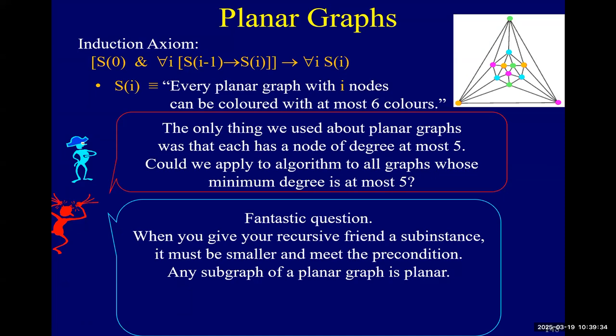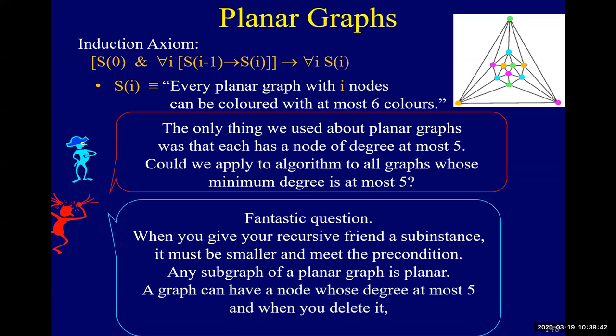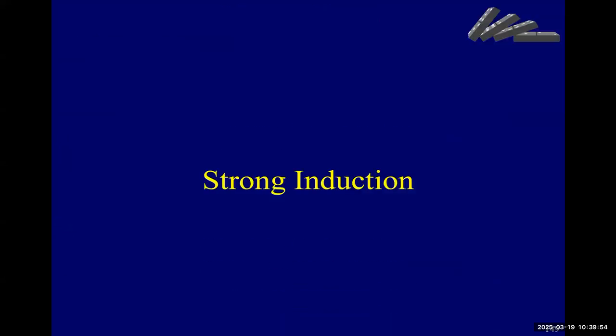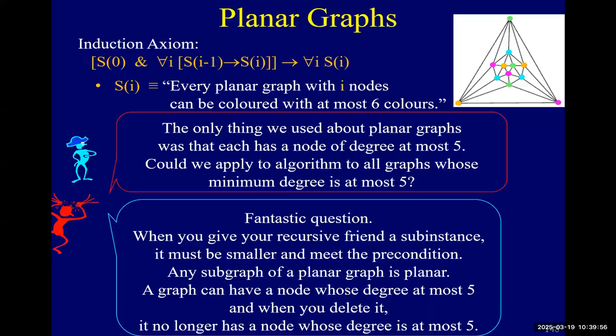I give the rest to my friend. Does it meet the precondition that it has a low degree node? No. Graphs can have a node of degree 5, and when you delete it, you have a scary graph. That's what we're drawing here. Everybody buy this? All right. And that's it for graph coloring. Everybody okay?